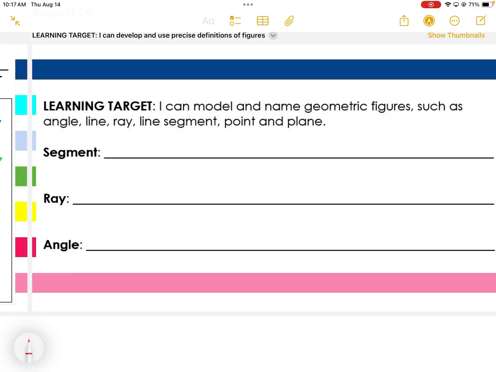Let's define a segment. A segment is just a part of a line, just a piece or a part of a line, and it has 2 endpoints. Look at the definition I just wrote.